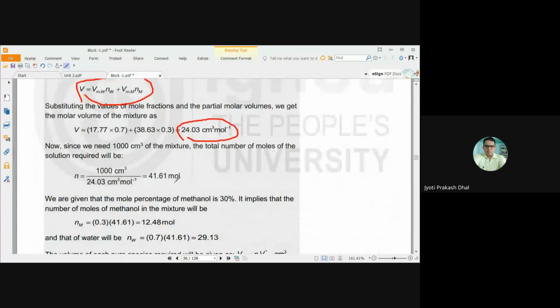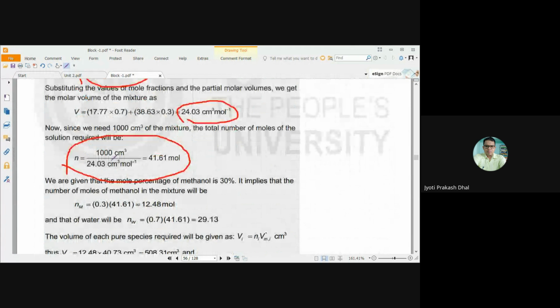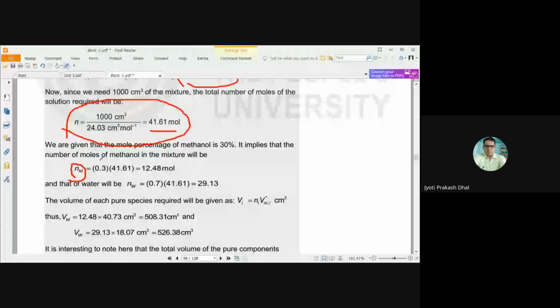Since we need 1000 ml of the mixture, the total number of moles will be 41.61 moles, and hence the number of moles of methanol equals the mole fraction of methanol times the total number of moles, which equals 12.48 moles.